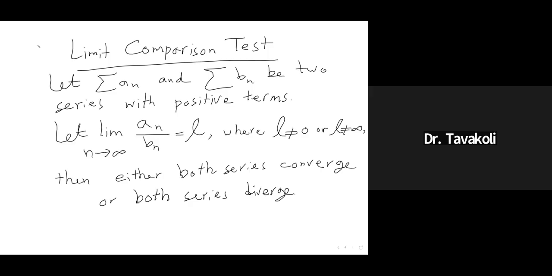So if the limit of the ratio of the general terms of two series is a finite number different from 0, then the nature of these two series in terms of convergence and divergence will be the same, meaning that either both converge or both diverge. Let's see an example here.